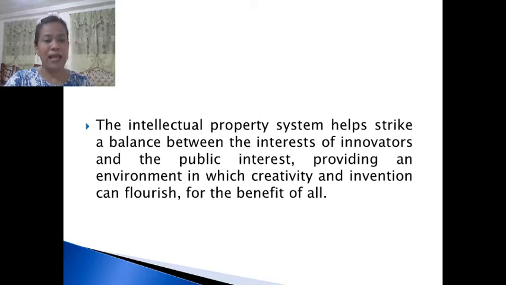Also, the intellectual property system helps strike a balance between the interests of innovators and the public interest by providing an environment in which creativity and invention can flourish for the benefit of all. Right? So please pardon me.